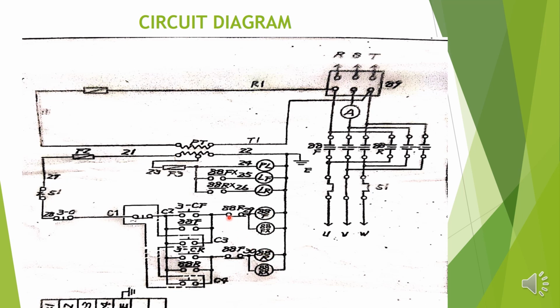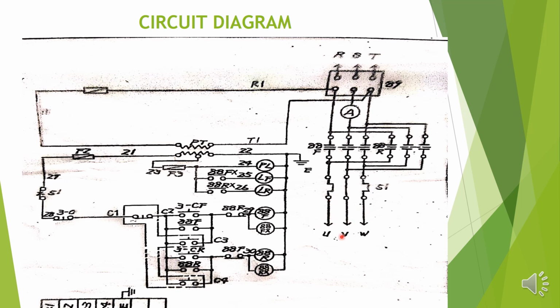Okay, once you press this start push button 3CF, the power will transfer to here and power will transfer to the 88F coil. If the 88F coil has power, the 88F contactor will get energized and the motor will start in the forward direction through the OLR.